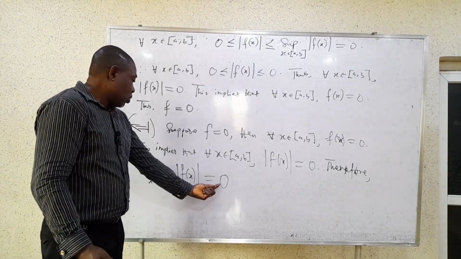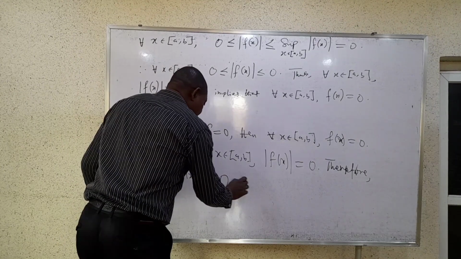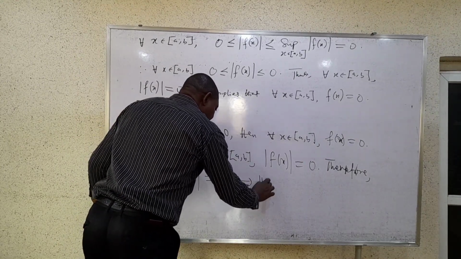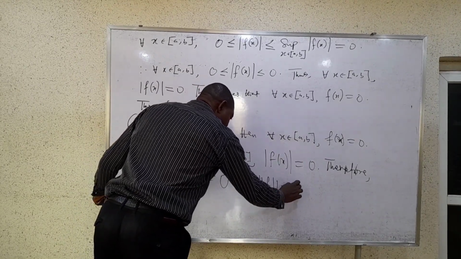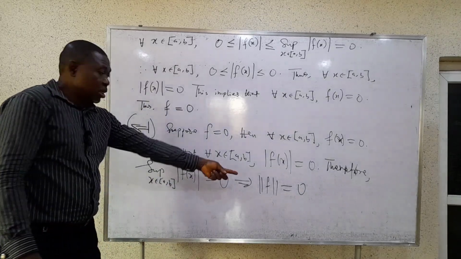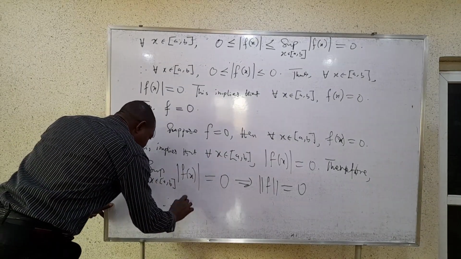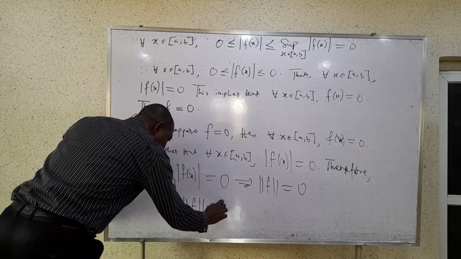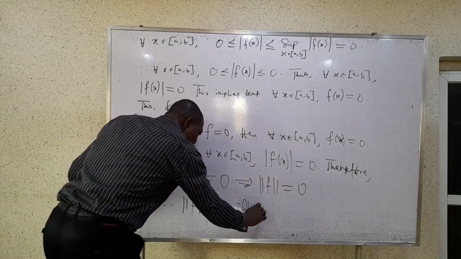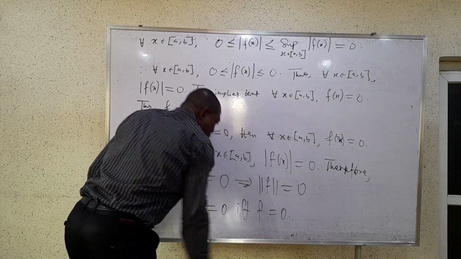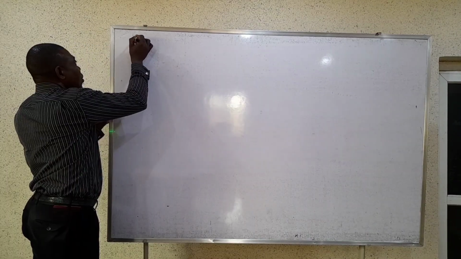So that will give us 0, and this implies that the norm of f is 0. So what we have got is that the norm of f is 0 if and only if f is 0.